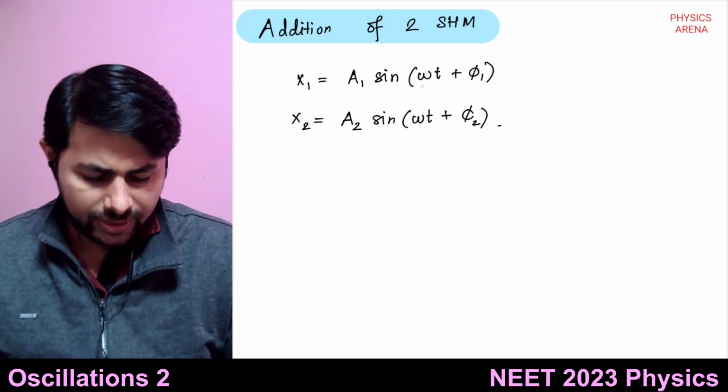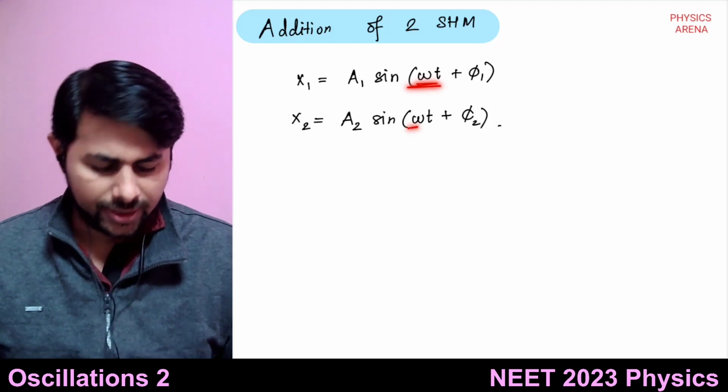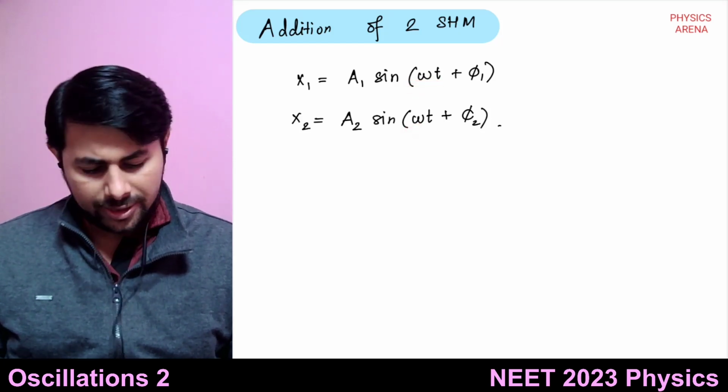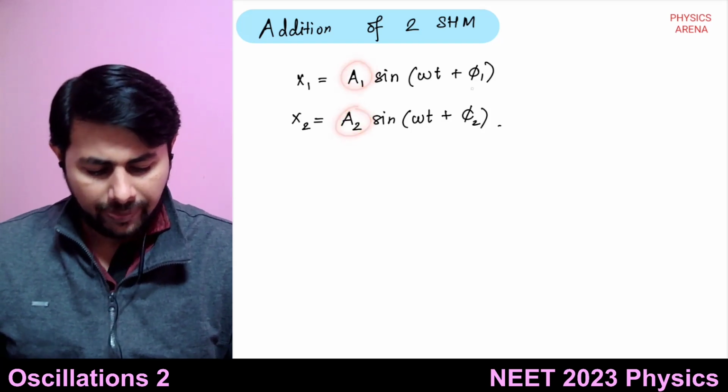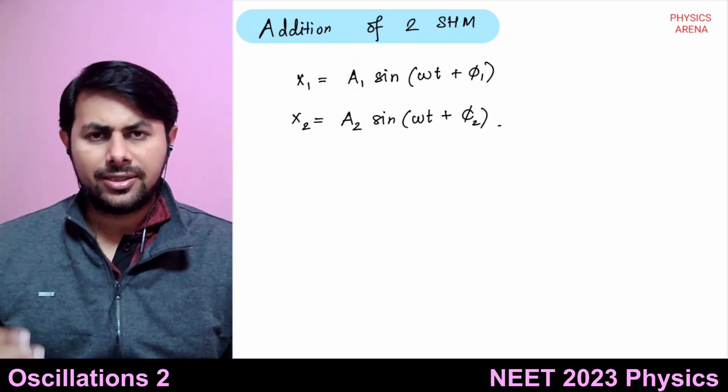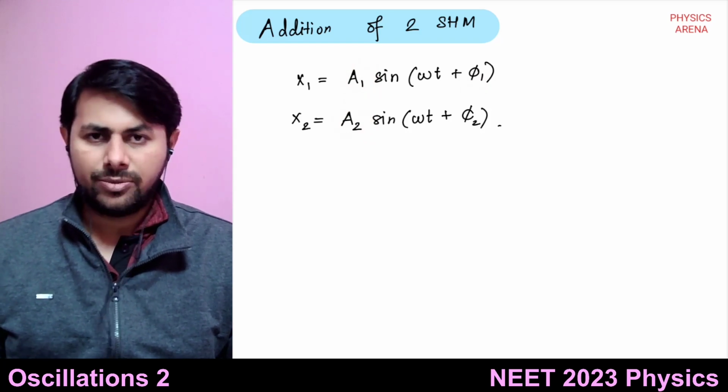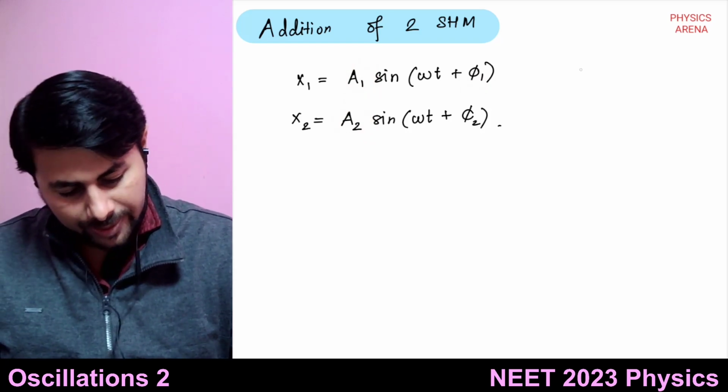Okay, so for simplicity we'll consider the frequencies of these two SHM is same, amplitude is different, and phase is different. Starting phase is different. Okay, so there is phase difference. How much is phase difference?